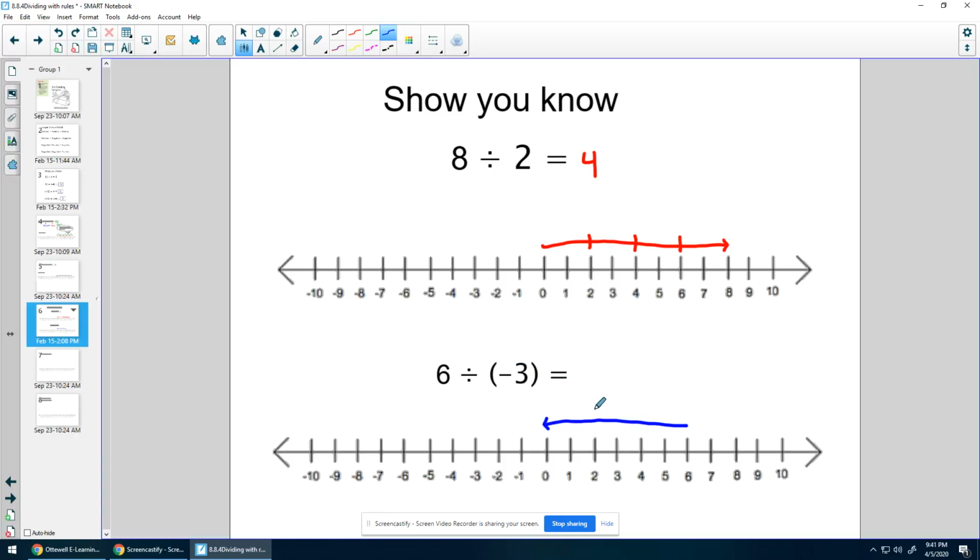And we are splitting it into groups of -3. 1, 2. How many groups do we have? We know it needs to be negative because a positive divided by a negative gives us a negative. We are left with -2.